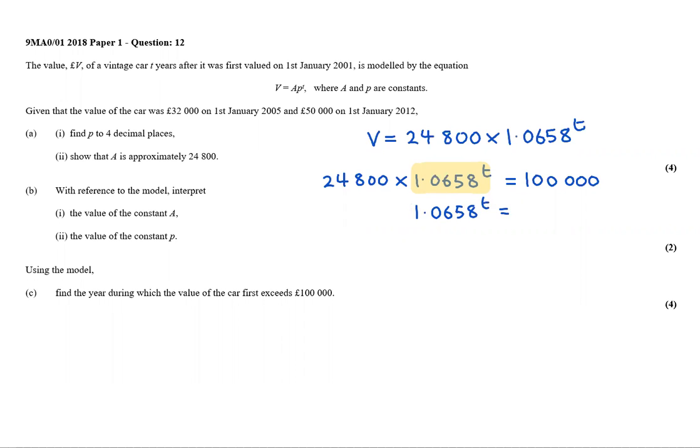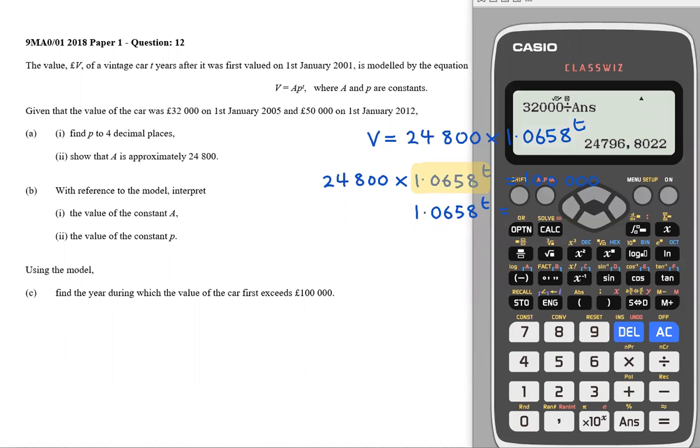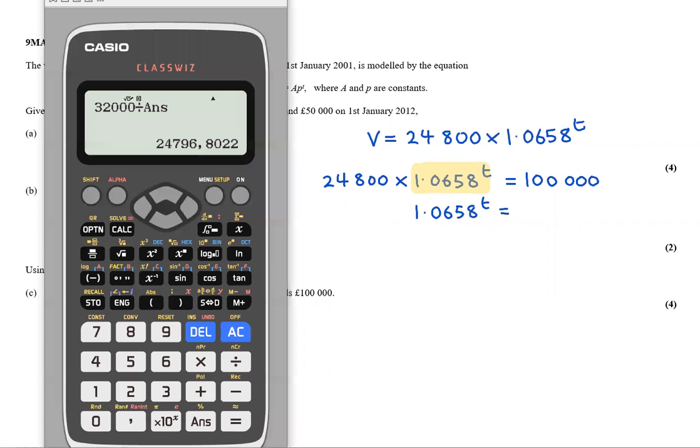Then on the calculator, which I will just drag over to the side, we're going to have 100,000 divided by 24,800.